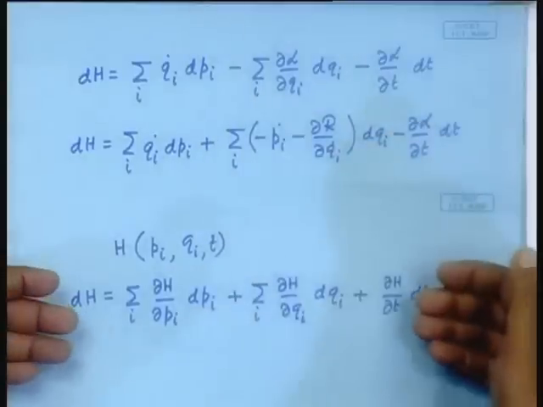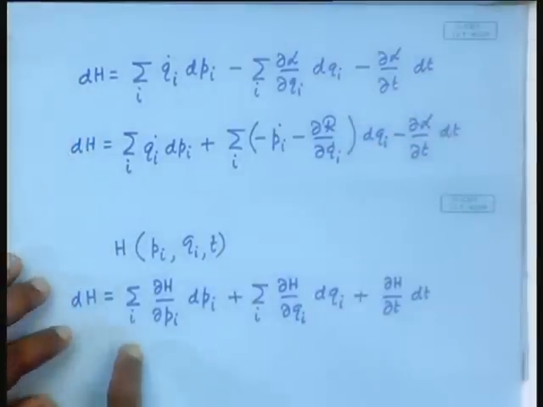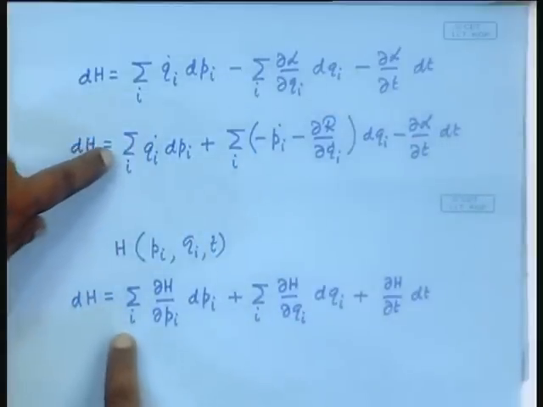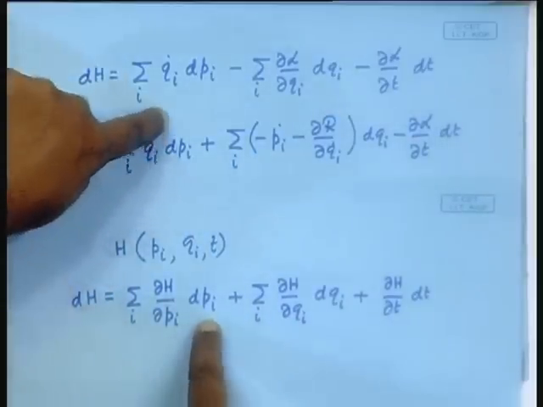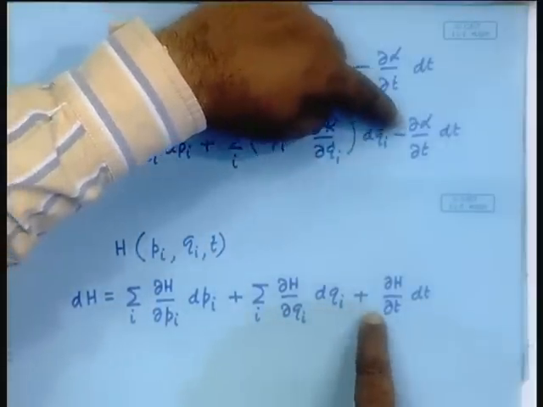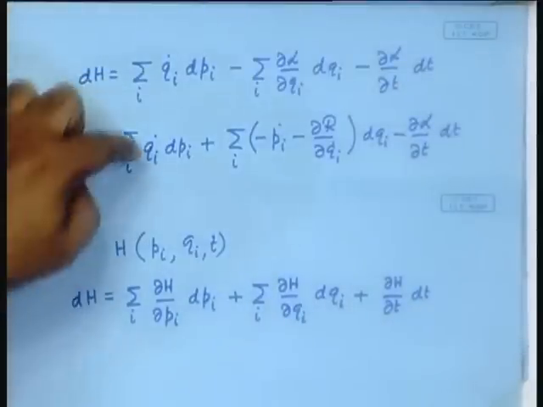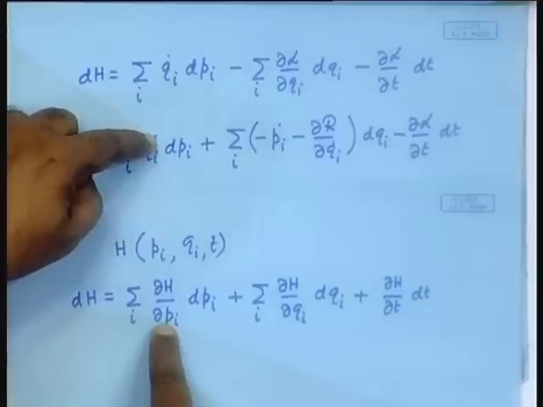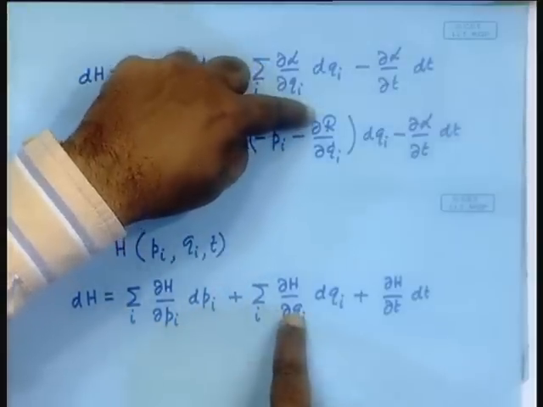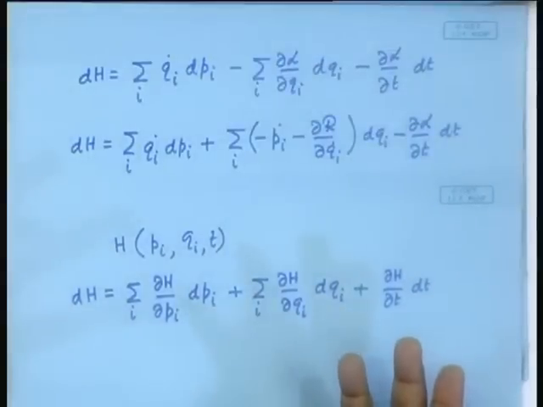In one case we had obtained this, another case we had obtained that. Now notice that they are almost the same, only here is a term summed over I, Pi term, summed over I, Qi term, summed over I, T term. Obviously this term and that term should be the same, this term and that term should be the same, and this term and that term should be the same. Okay. Do you see how simply it becomes?